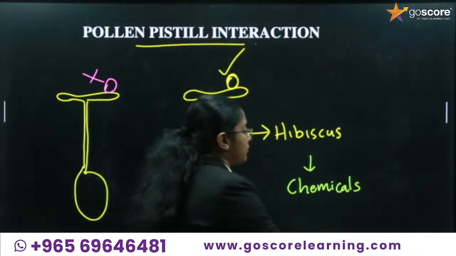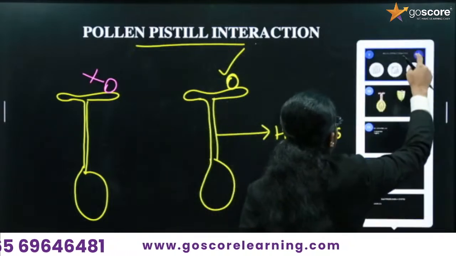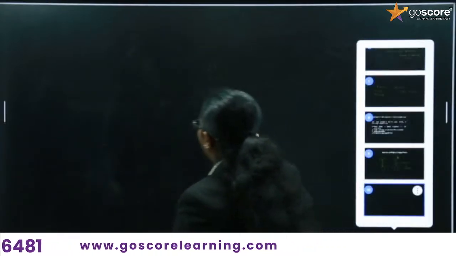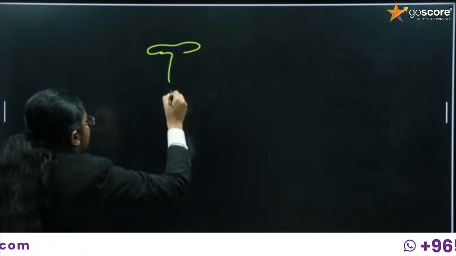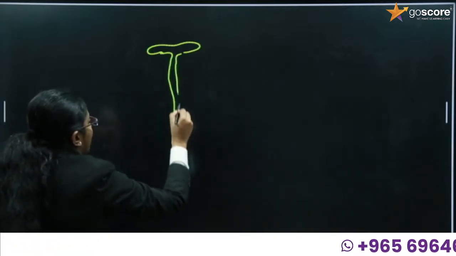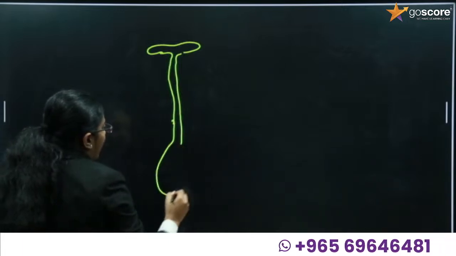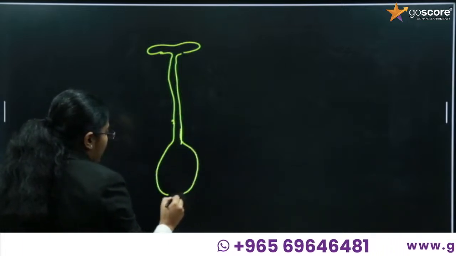Next we have to study how the pollen grains are pollinating. See, this is a pollen, this is a stigmatic surface, then the long tube style, and then the ovary is present.